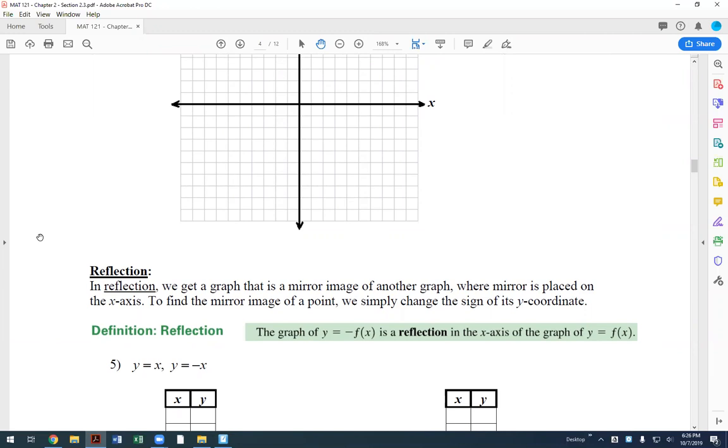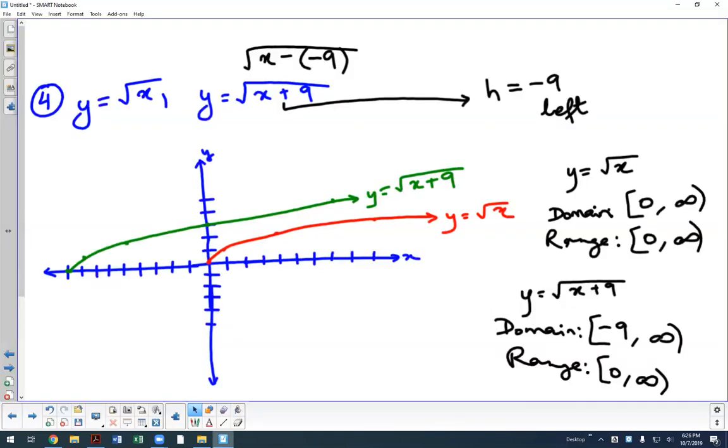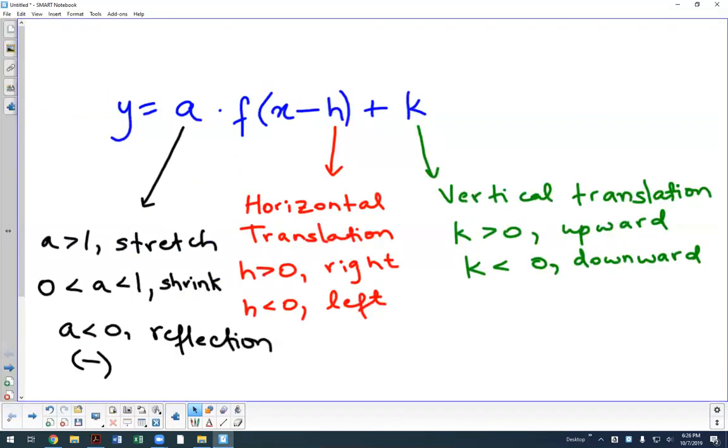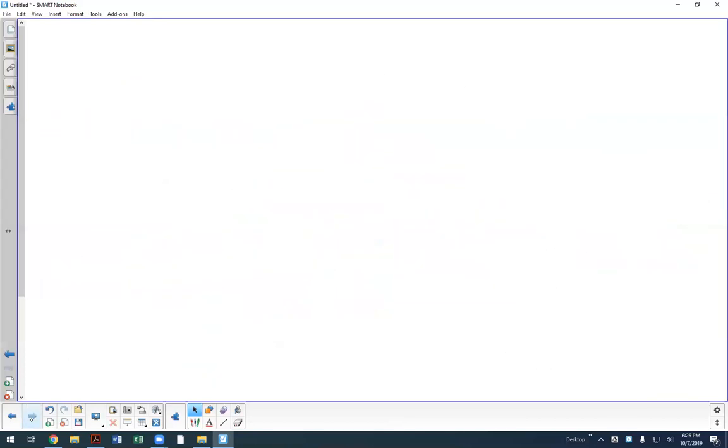So remember, as I was telling you, when we are looking at reflection, the reflection happens when we put a negative in front of our function, or if that a has a negative sign.